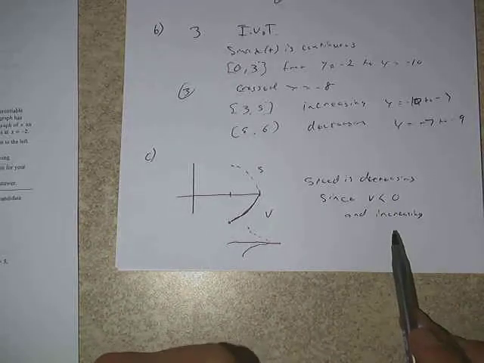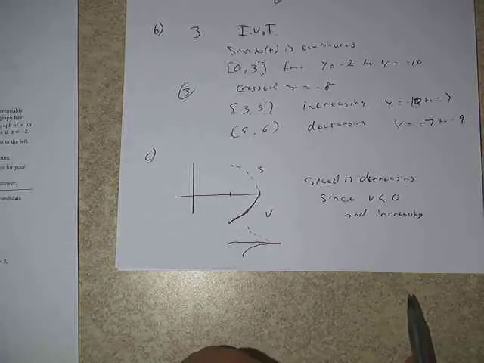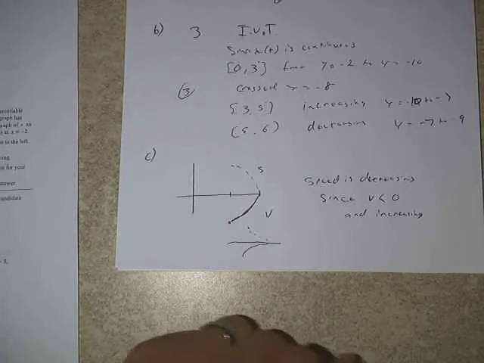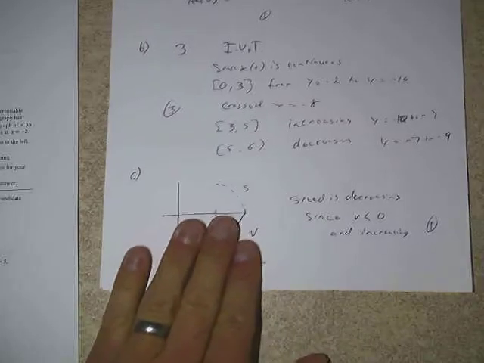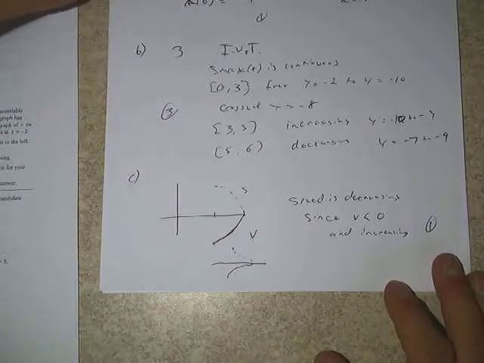So either way, we have speed being the absolute value of the velocity. If we absolute value that piece when the velocity is negative and increasing, we know that our speed is going to be decreasing. 1 point for that part.